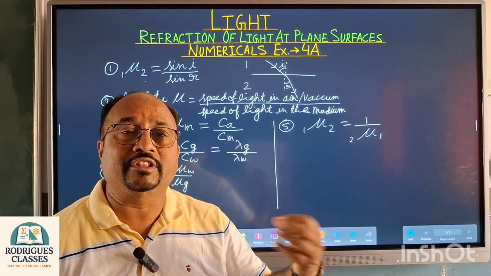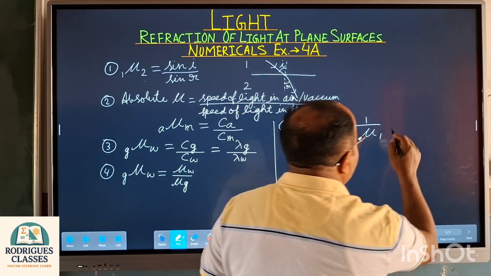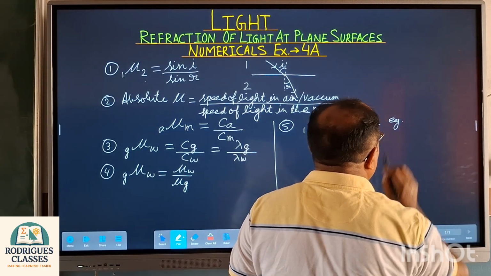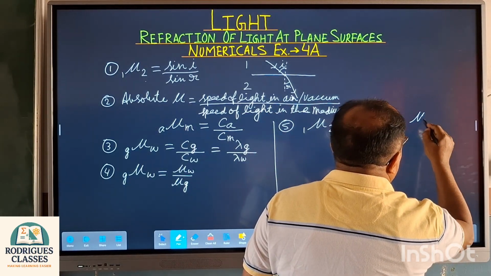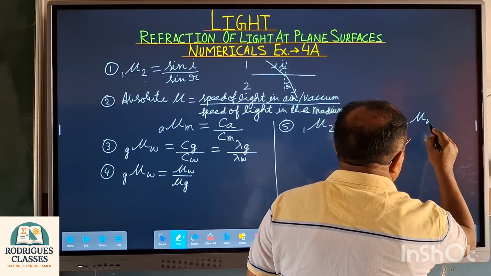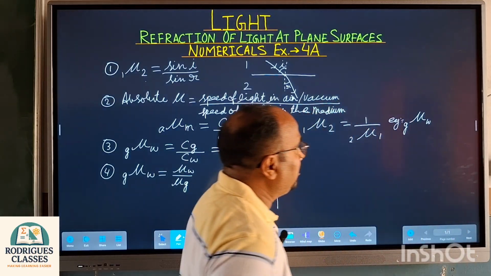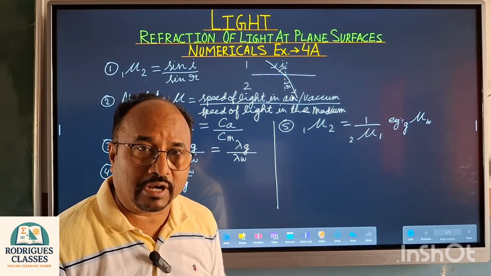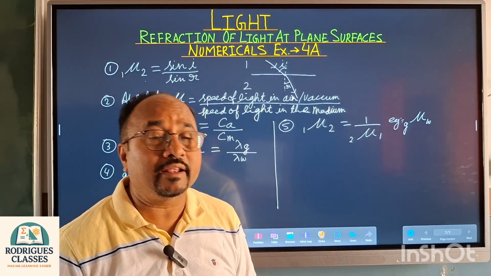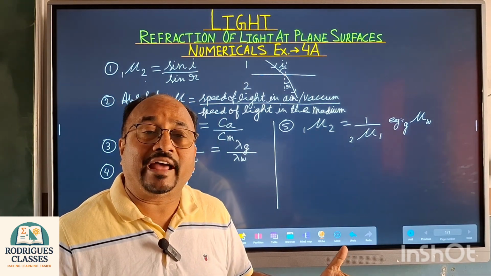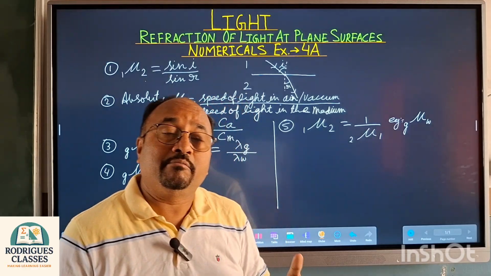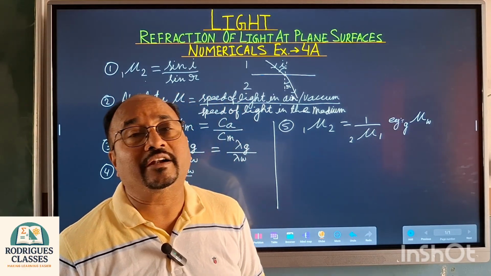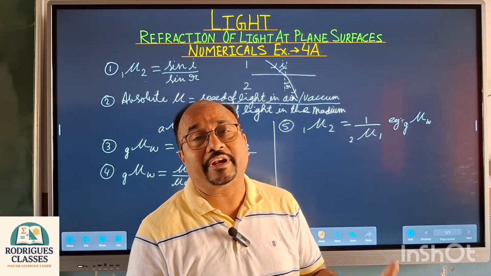Like I will give it with respect to two particular mediums. If I take an example here, I write G mu W, it means refractive index of water with respect to glass. I need it, but I don't have the value for this particular thing. But I have the value for refractive index of glass with respect to water.